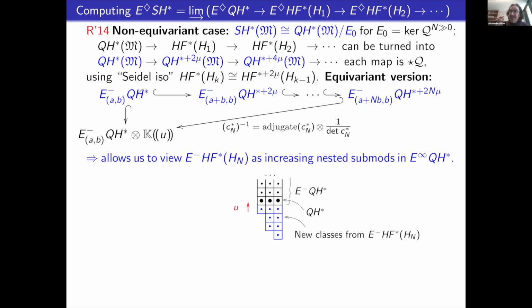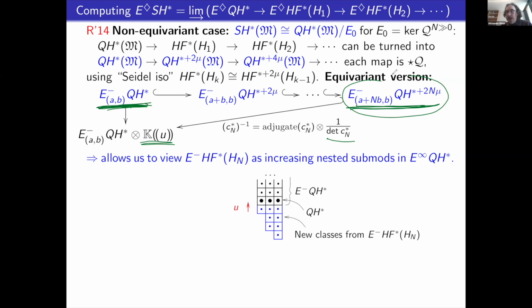Now, the division by the determinant typically makes me go outside of my original ring of coefficients, and that makes sense because I'm trying to fit my new classes in a space. Here I've already filled up all of these injectively included spaces, so I need more space to put my new classes, and that's why I now have to allow series in U to injectively bring these classes back.